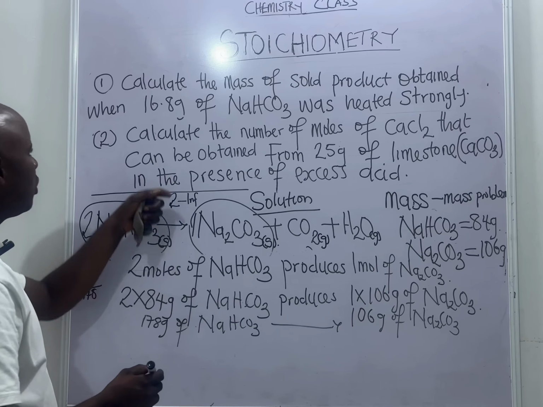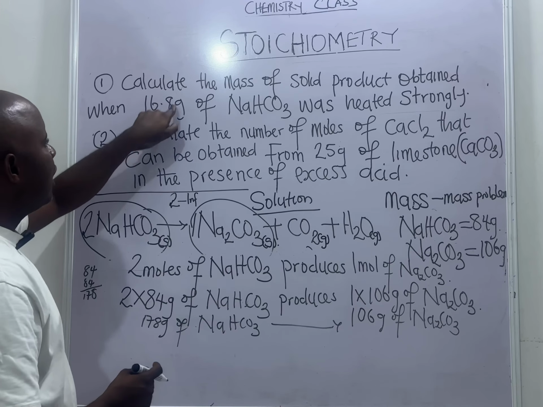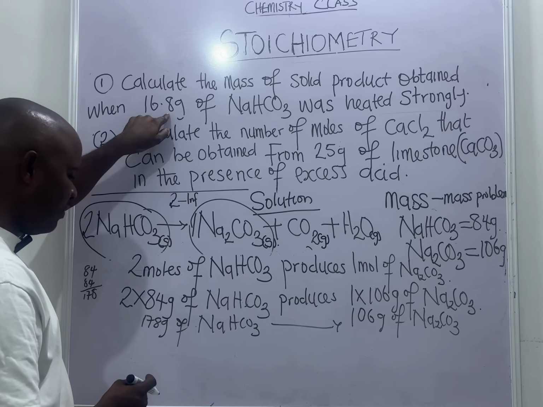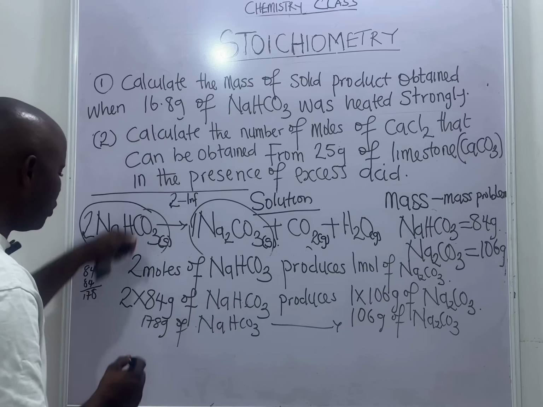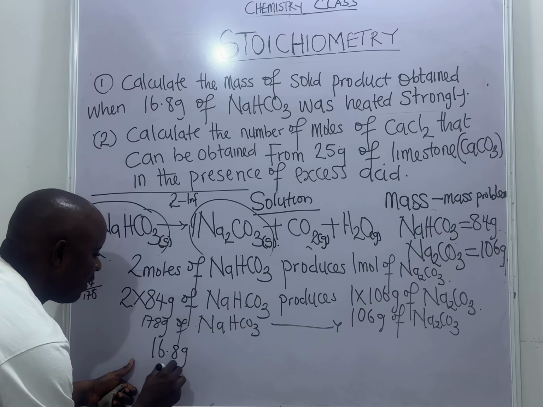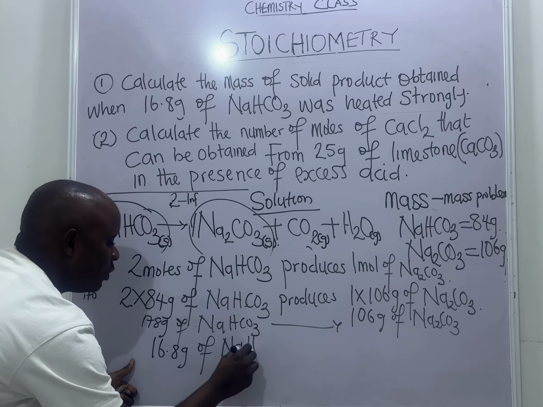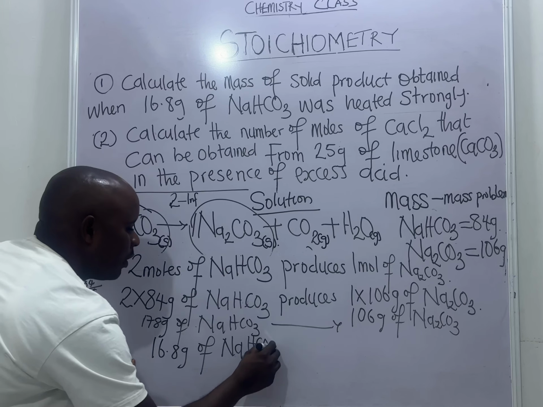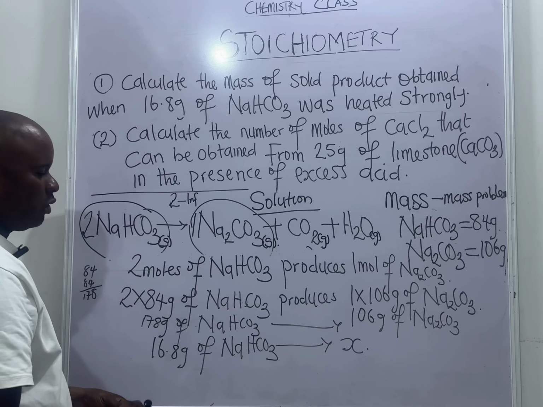And from the equation, they said 16.8 gram of this was heated, not the full quantity of the molar mass. So now we are going to have how much more sodium carbonate 16.8 gram of this sodium hydrogen trioxocarbonate is going to give us. We don't know, it's going to give us S.